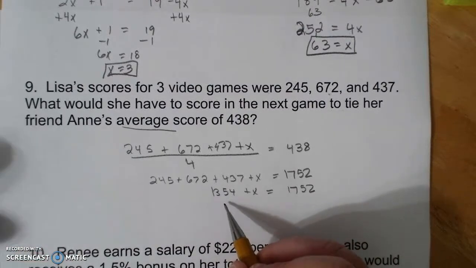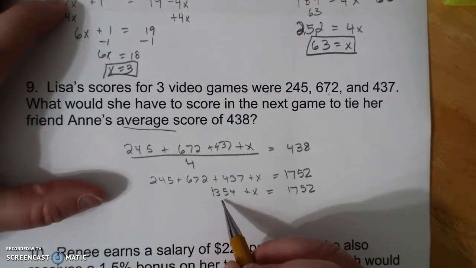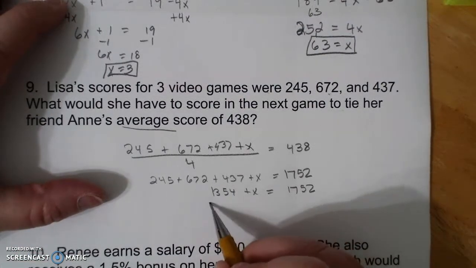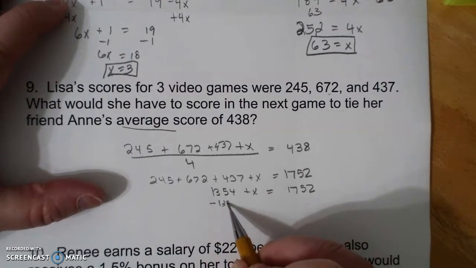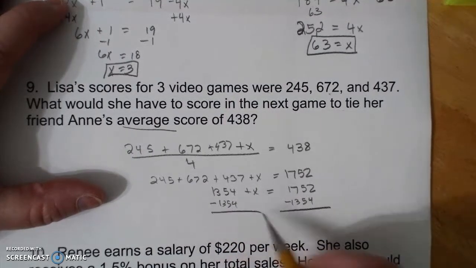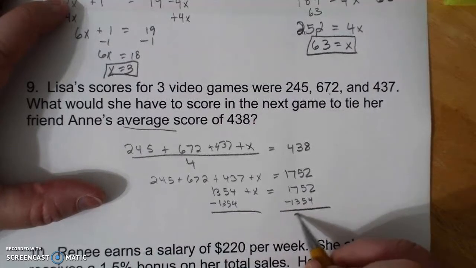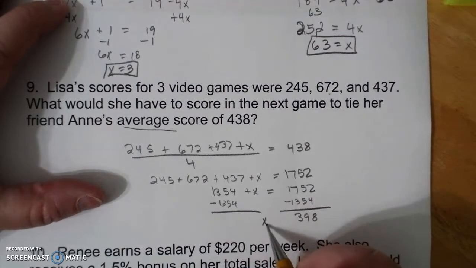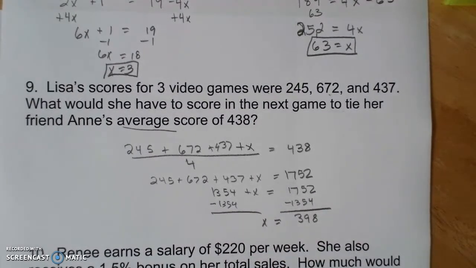I'm going to subtract 1354 from both sides. And then that's 398. So x is 398.